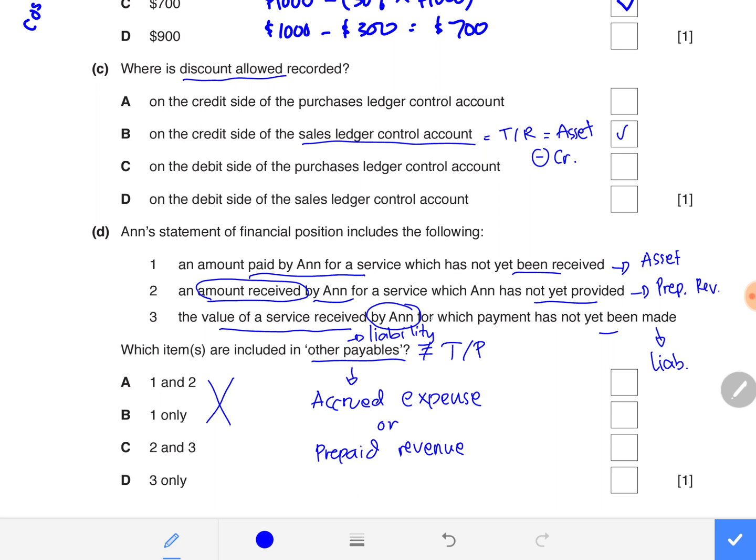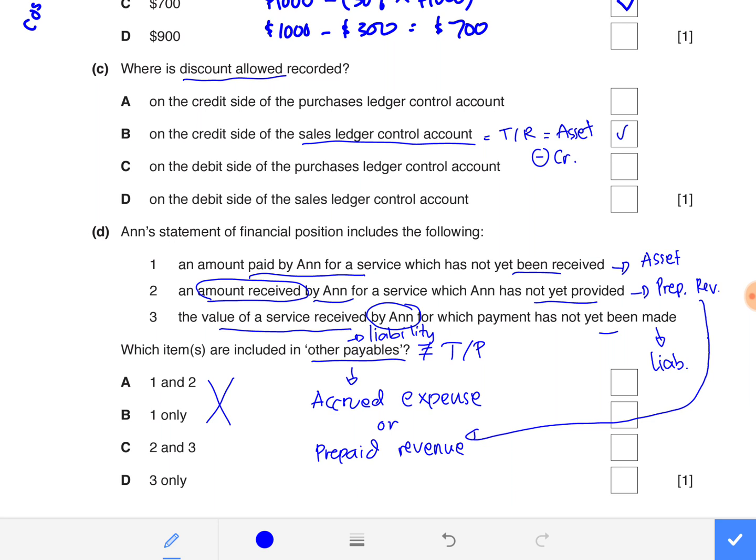That means she has a prepaid revenue. Prepaid revenue is considered a liability, and has a debt in the form of service.